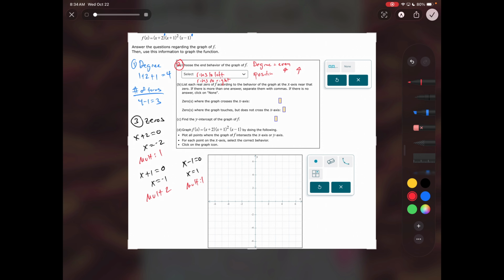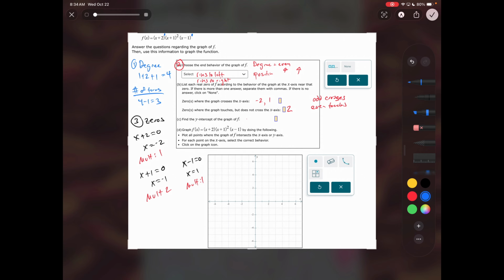So the rule, again, is if it's odd, it crosses. And if it's even, it touches. So where the graph crosses the x-axis would be negative 2 and positive 1, because those are the ones that have odd multiplicity. And then the next one would be negative 1, because that's the one that has even multiplicity, where it touches.